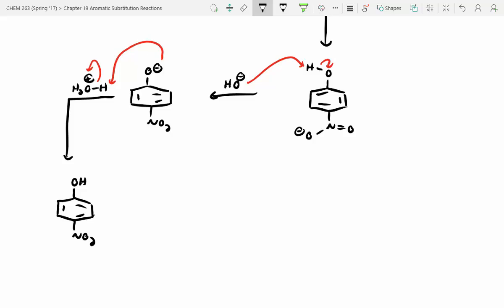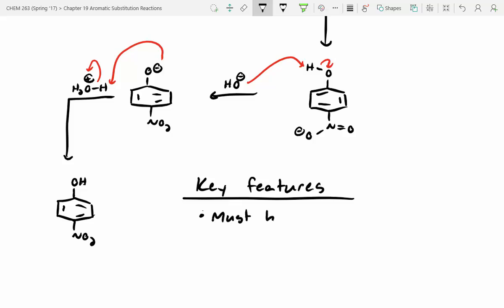So the key things that differentiate this and allow it to occur is you must have a strong deactivator ortho or para to a leaving group.